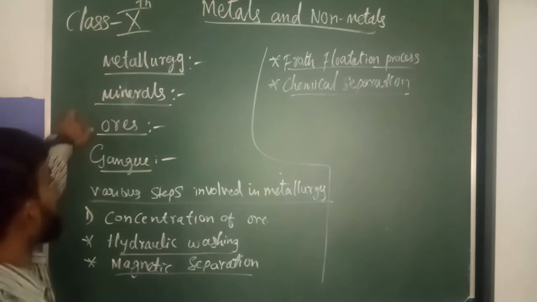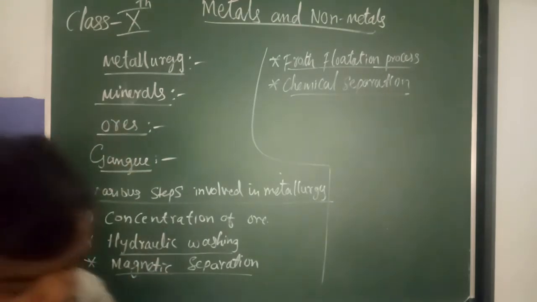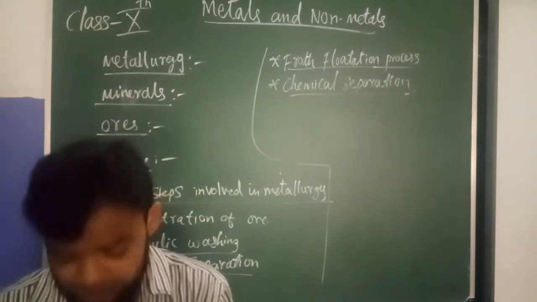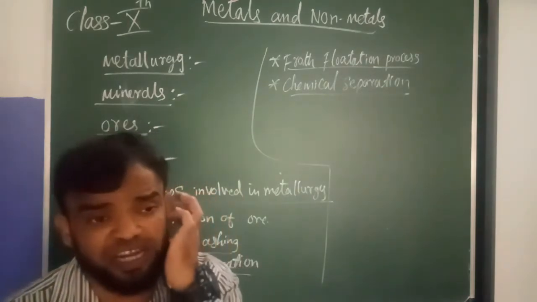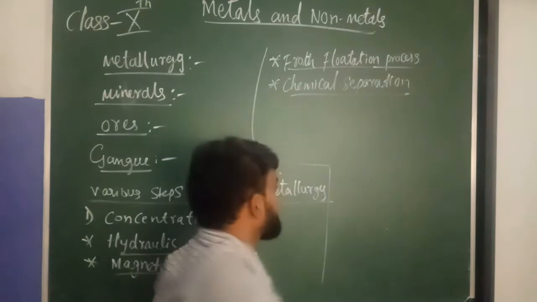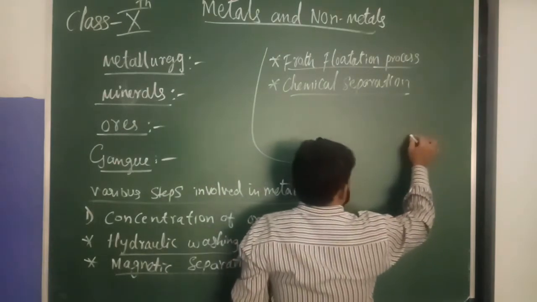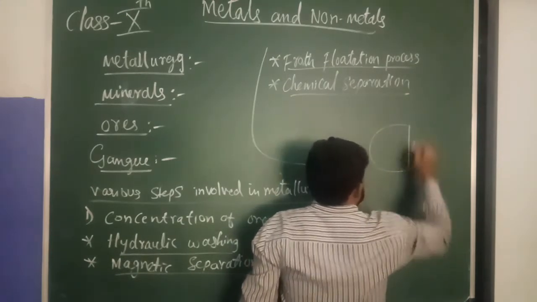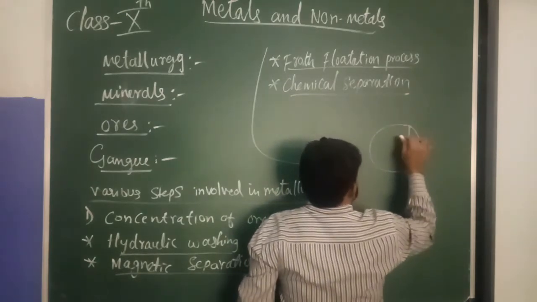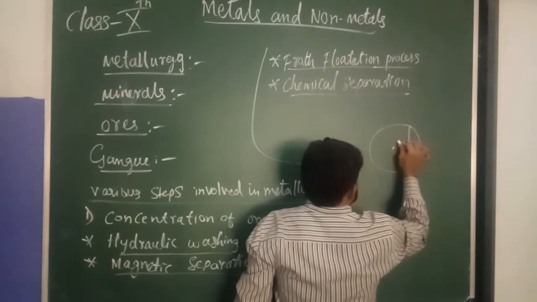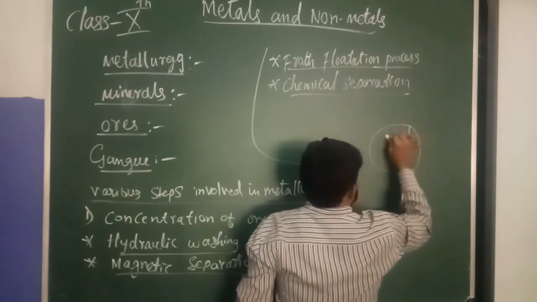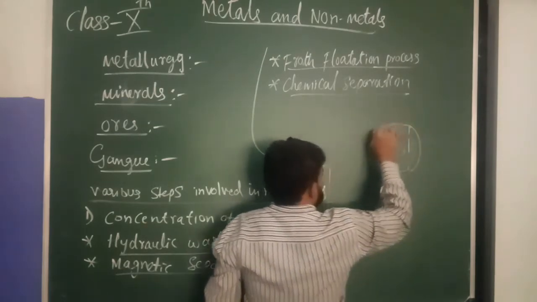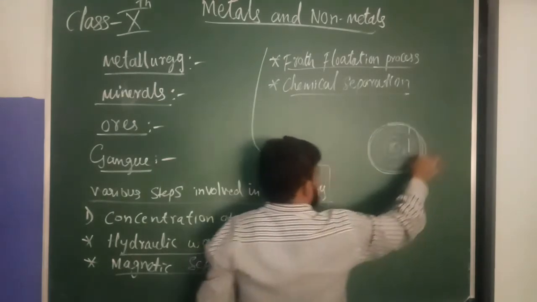So what are minerals? Minerals are the elements or compounds which occur naturally in the earth's crust. The earth's crust is the upper layer of the earth.